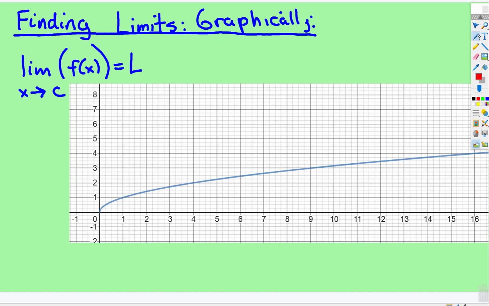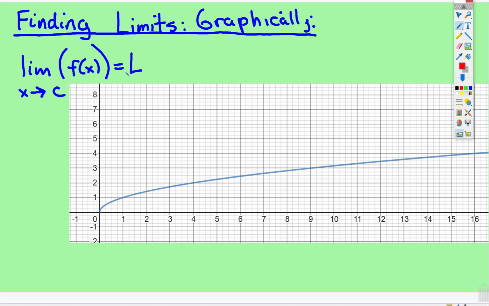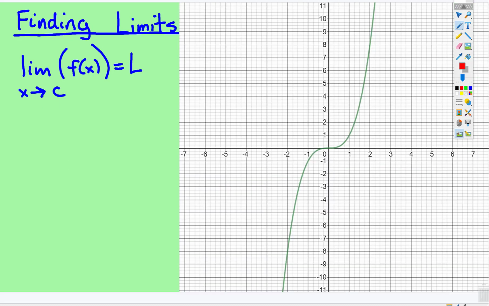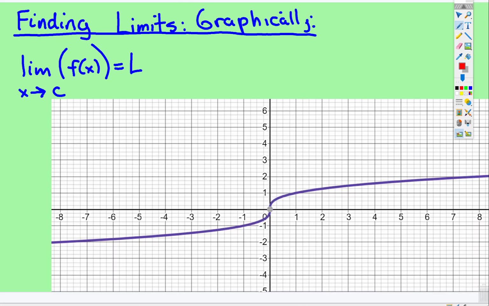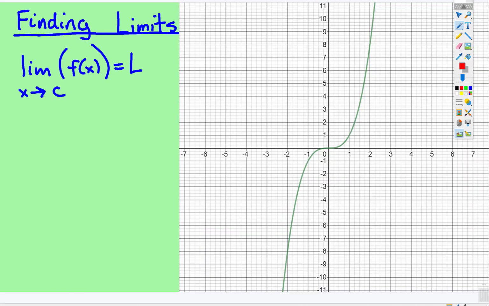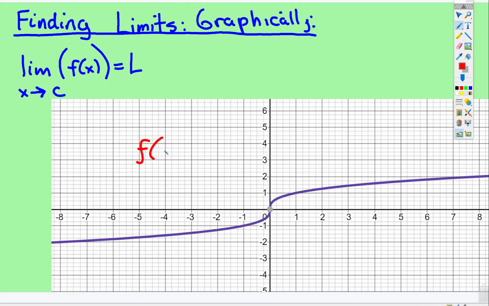So we could choose the square root of x function, and let's get infinitely close to 16. Well, as we get infinitely close to 16, we're going to be approaching infinitely close to 4 as the height. Then the cubic function, f of x equals x cubed, and the cube root, f of x equals the cube root of x.